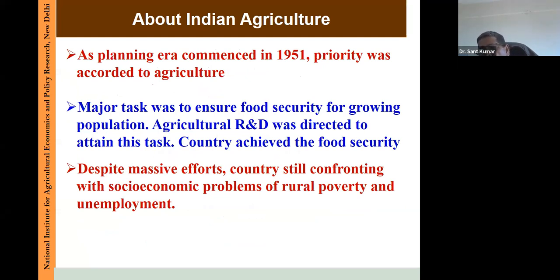So the country achieved food security. Despite massive efforts, the country is still confronted with socioeconomic problems like rural poverty and unemployment. Though we achieved food security and food self-sufficiency, the social problem still remains an issue.